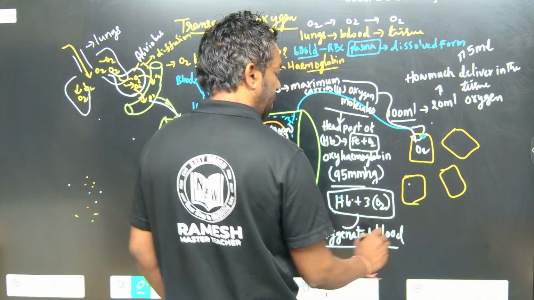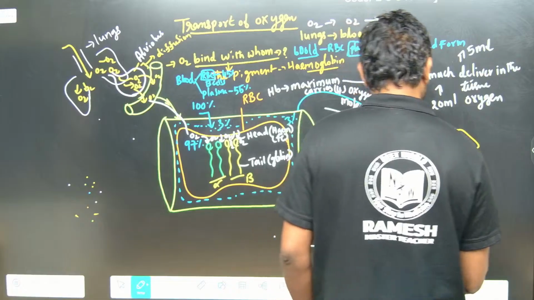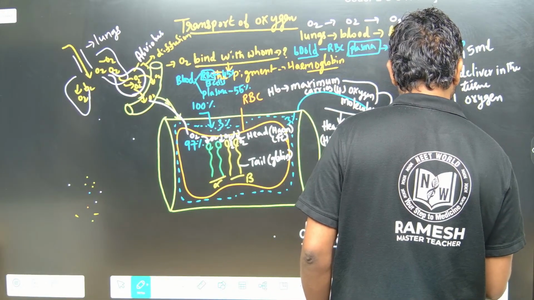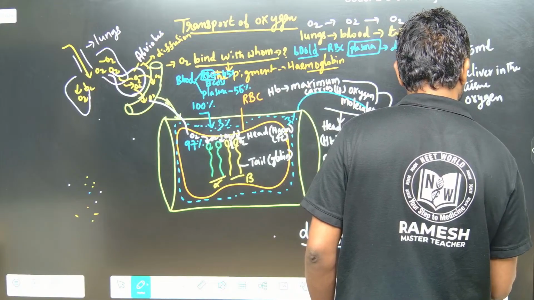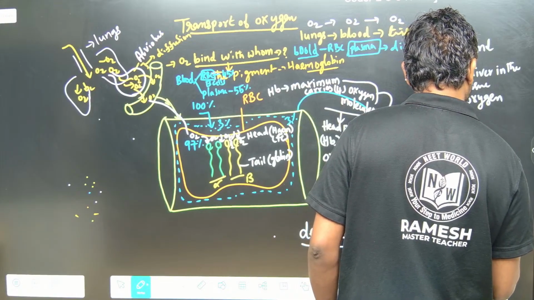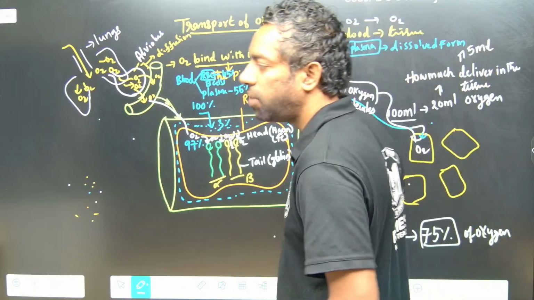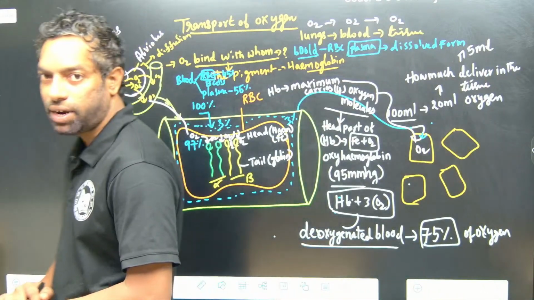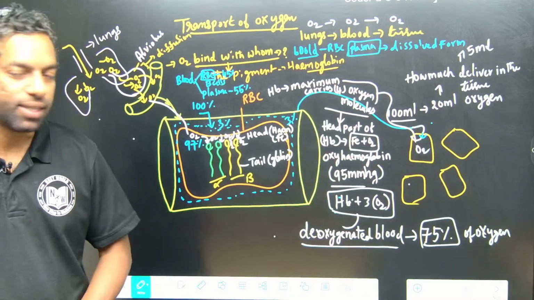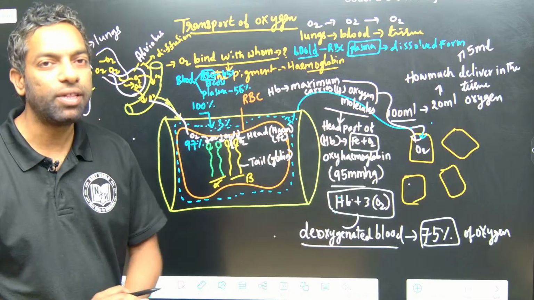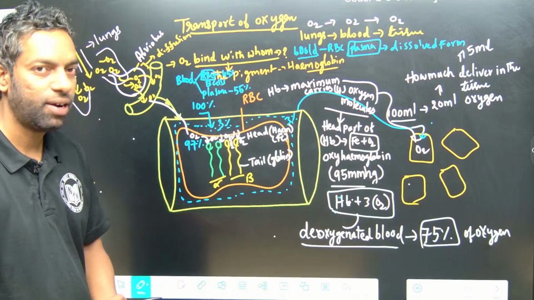Deoxygenated blood also has 75% of oxygen. So this is the way oxygen is carried forward through the hemoglobin.